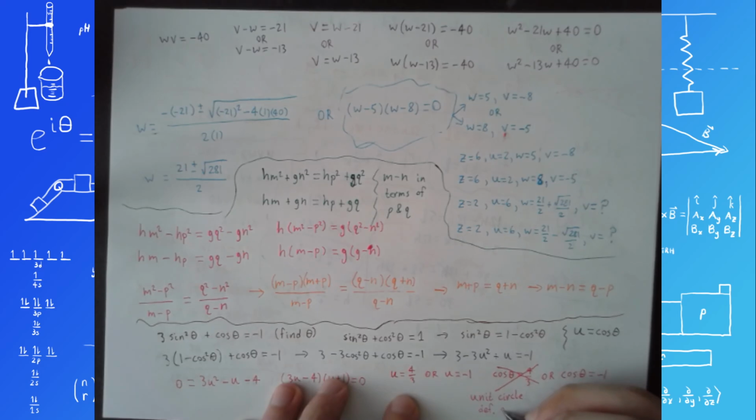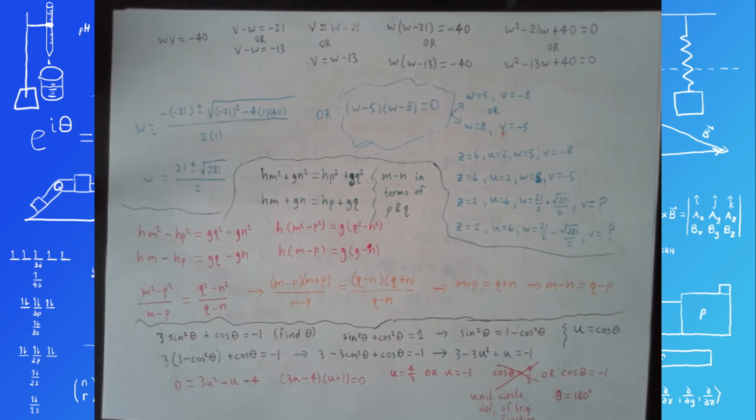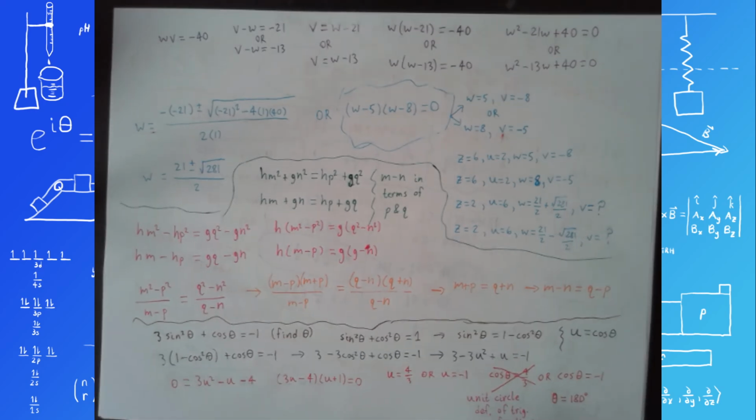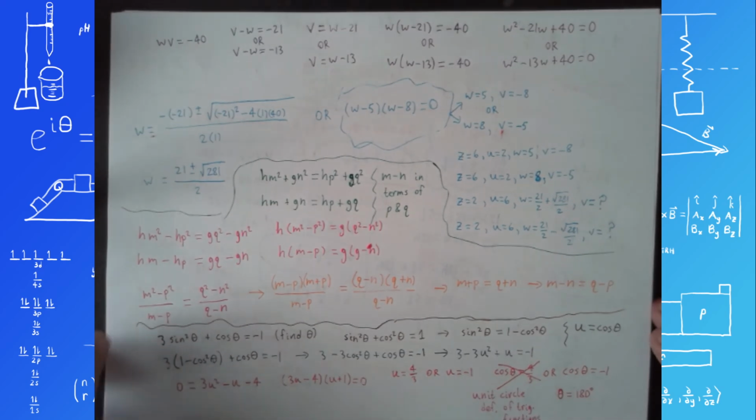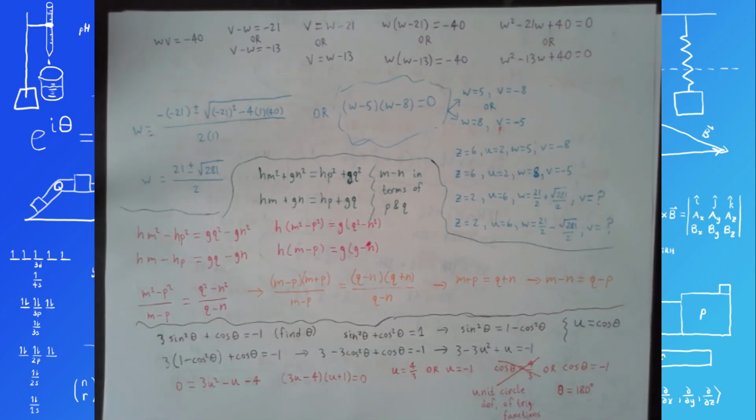It will explain how angles outside of your 0 to 90 degree range can have sines or cosines associated with them. So that's what you might want to look up if you find this theta equals 180 degrees to be troubling.